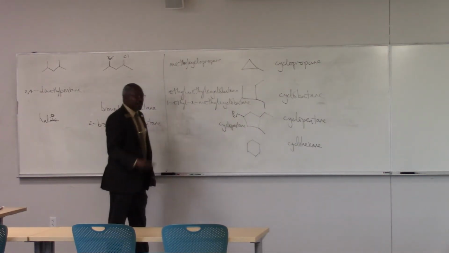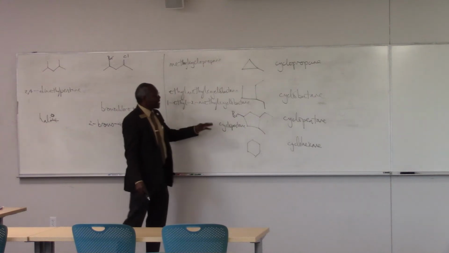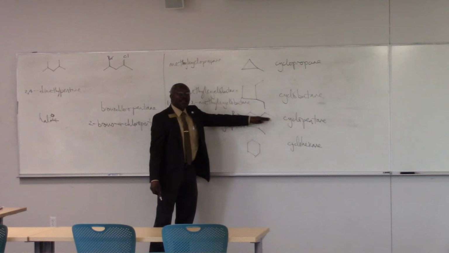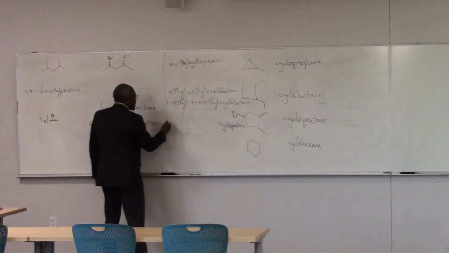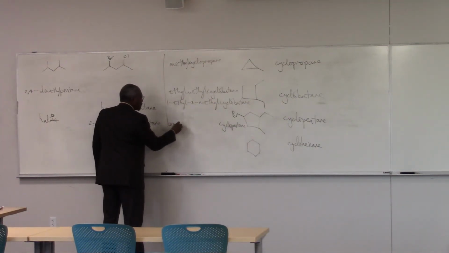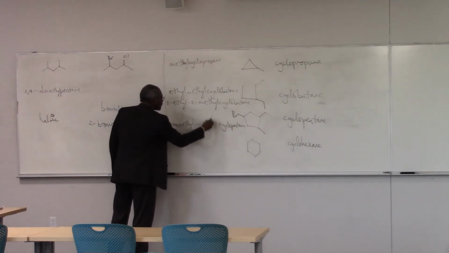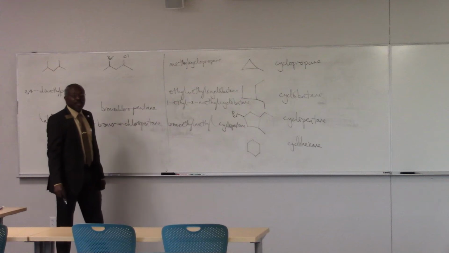But it's not just a cyclopentane. It's got a bromine and an ethyl and a methyl. So this is a bromo, ethyl, methyl, cyclopentane. So I need locants.